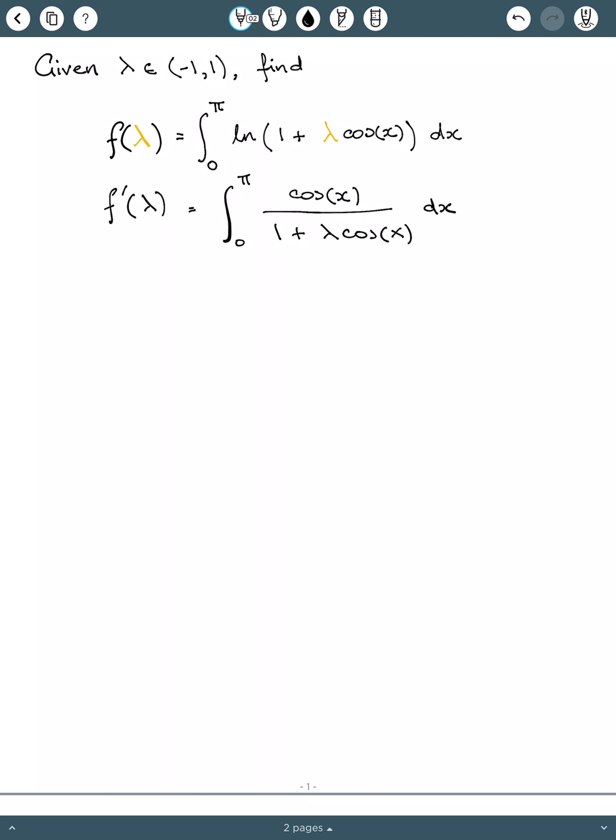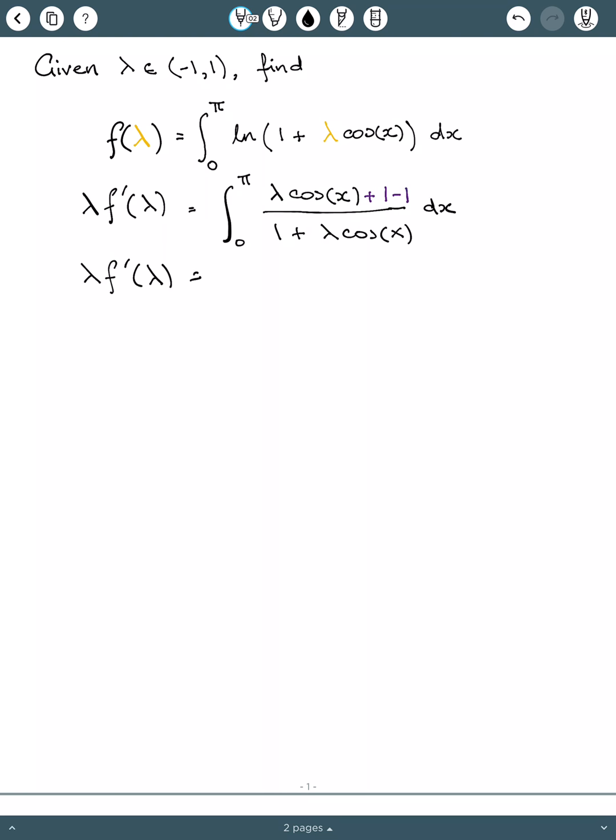a very special substitution. Now, to make this a little bit easier, what I'm going to do is actually multiply both sides by lambda. Okay, and then in the numerator of the integrand, I'm going to add 1 and subtract 1. Okay, so lambda f dash lambda.